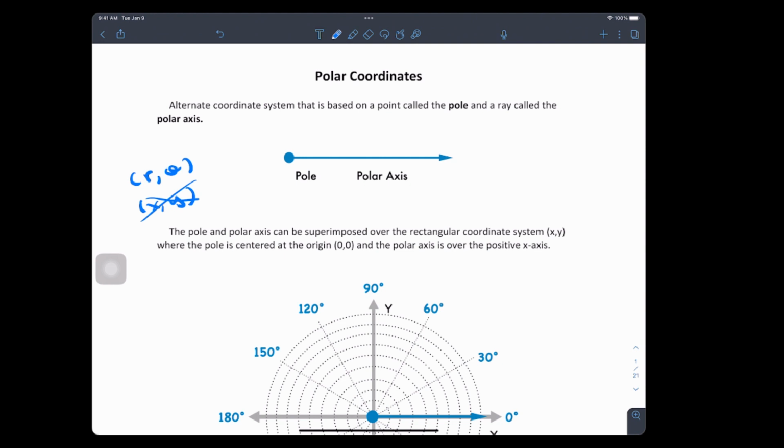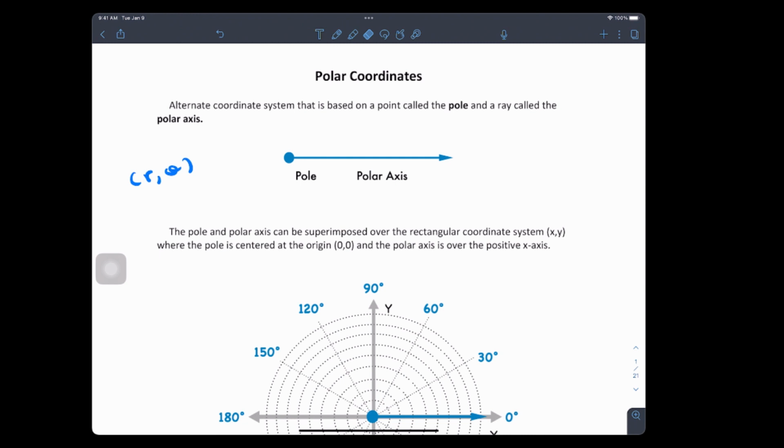So where we're headed is to look at some polar curves. And those curves you apply in science as well. So ladies and gentlemen, just to kind of let you guys know, we're opening the door to another system of graphing and plotting. And it's a very powerful system, okay, used in science.